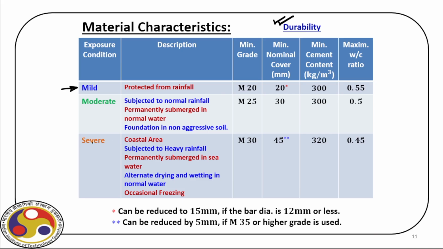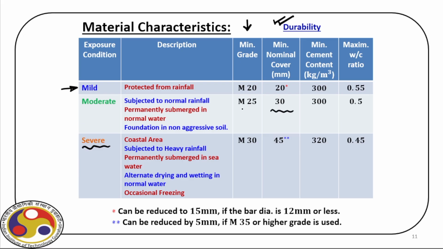For example, if we construct a structure near marine environment, then obviously we have a severe environment because of seawater exposure. And then there are some recommendations for the minimum grade of concrete, as you can see. Now, for every grade, there is a minimum cover also specified. We have to follow these guidelines when we design using a specific grade.